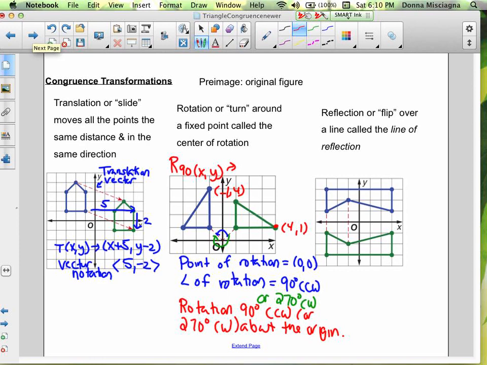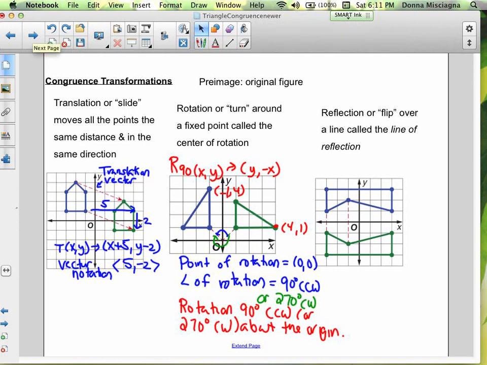Notice that the signs are not the same. When I flip it, it would be (4, -1), but the second one became the opposite. So in this case, a rotation changes (x, y) to (y, -x).